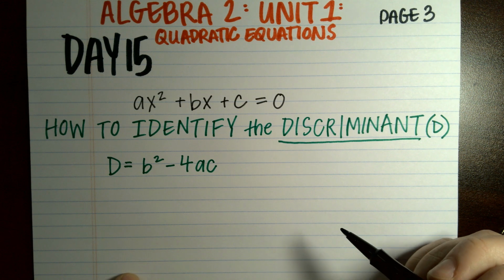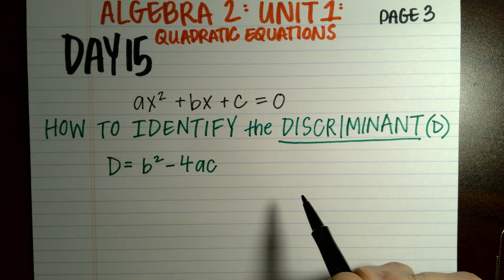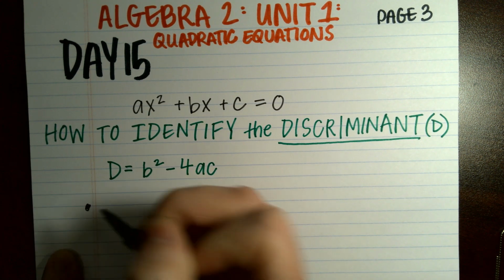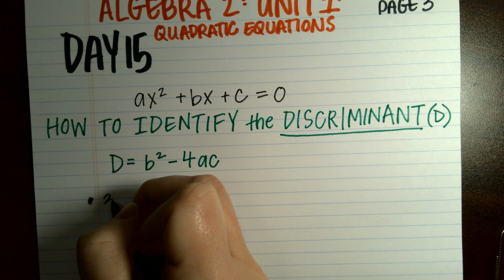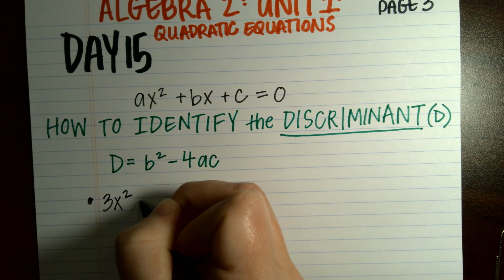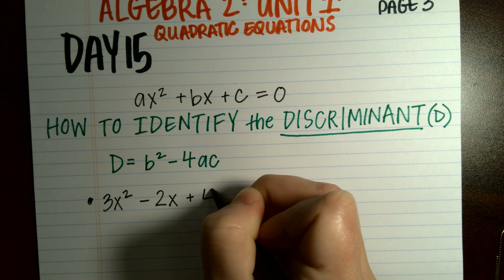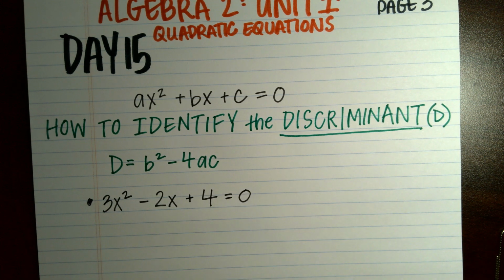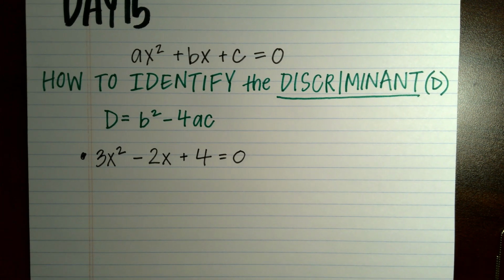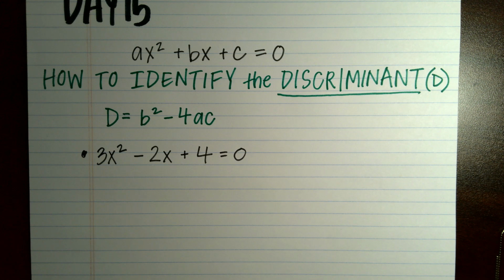Let's say I give you 3x squared minus 2x plus 4 equals 0.